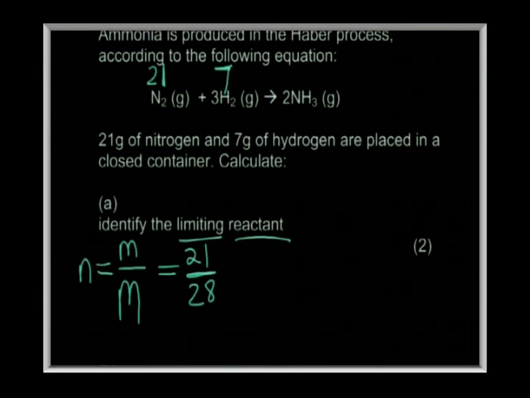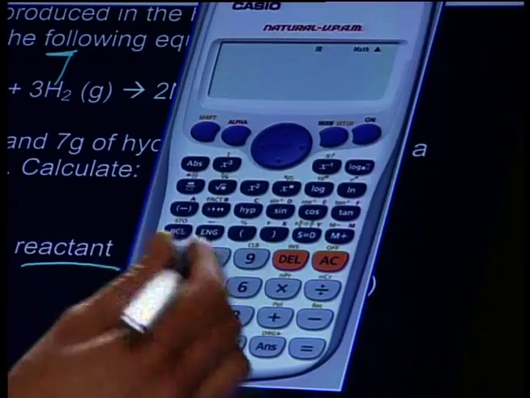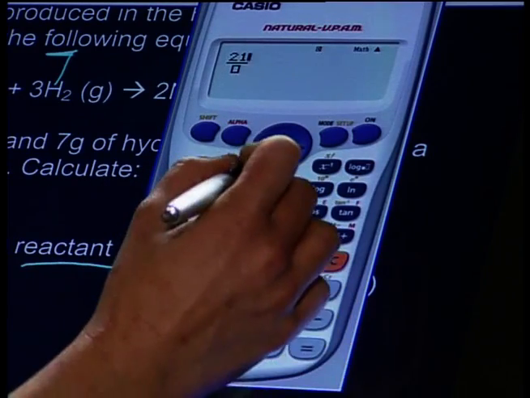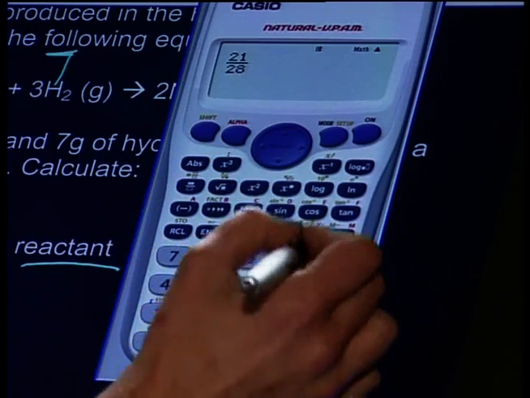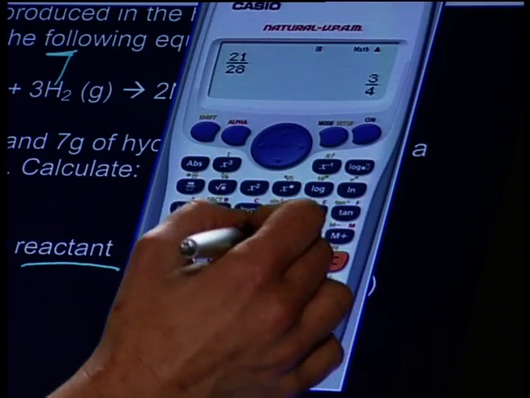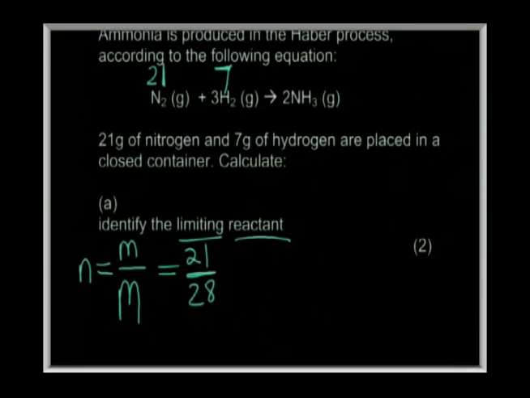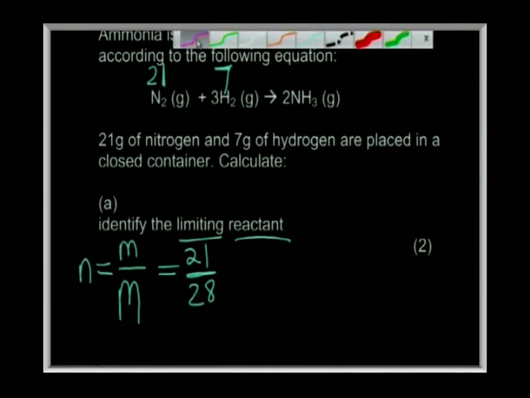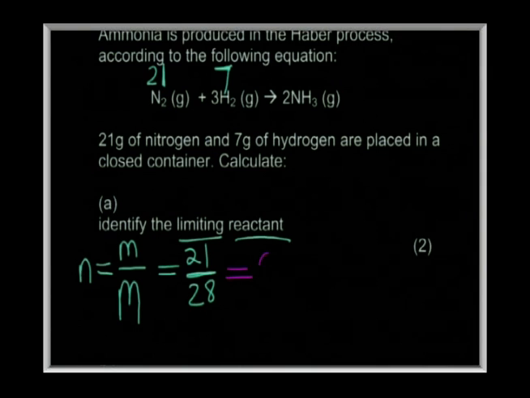And let's calculate that quickly. 21 divided by 28. And that's 0.75. Right. So the first thing that I know now is that I've got 0.75 mole of N2.